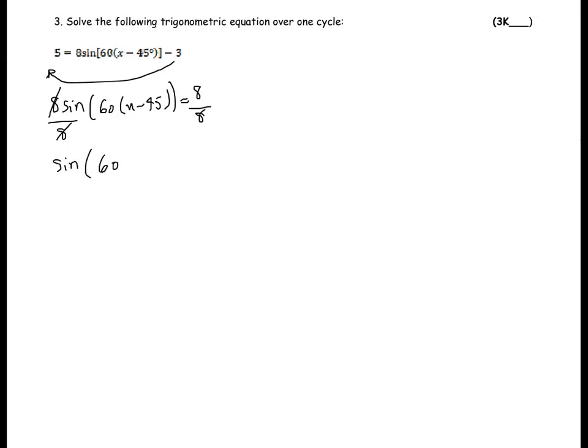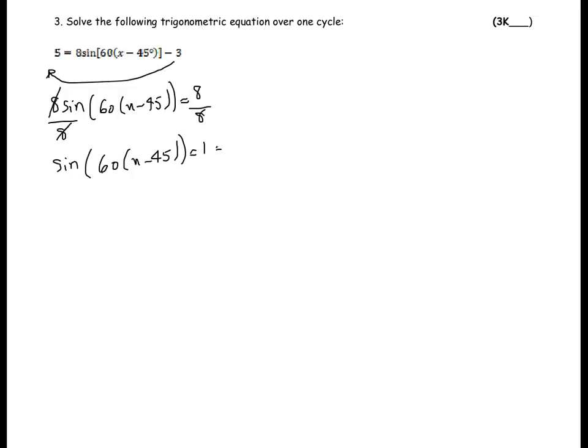The next question says solve 5 equals 8 sine 60 times x minus 45 minus 3. I'm going to bring -3 to the left, so I'm going to get sine 60 times x minus 45 is equal to 5 plus 3, which is 8. Divide both sides by 8. I get sine 60 times x minus 45 is equal to 1.